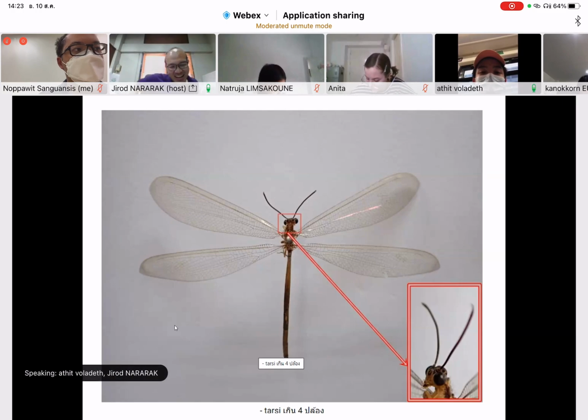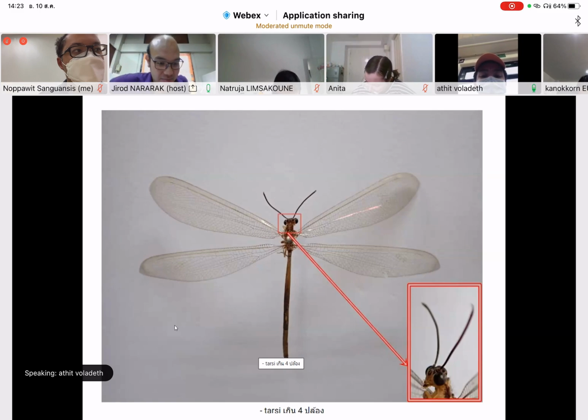Is this a dragonfly? It's not right. What's the order? It's similar, but it's not the same.